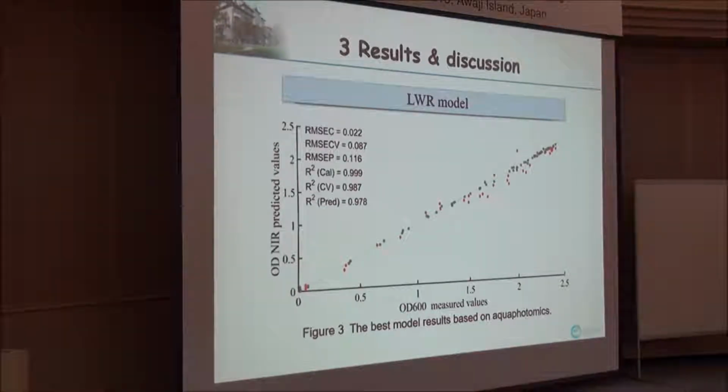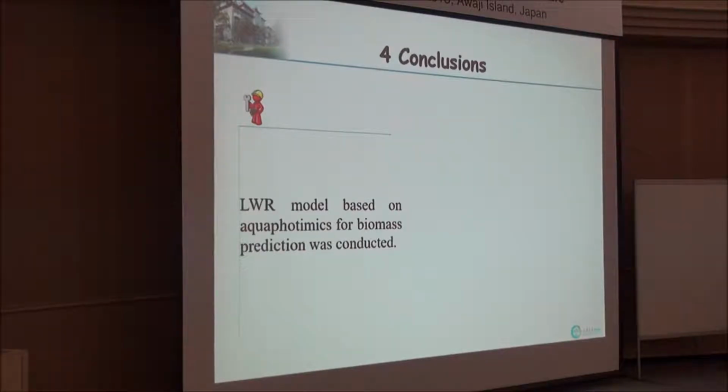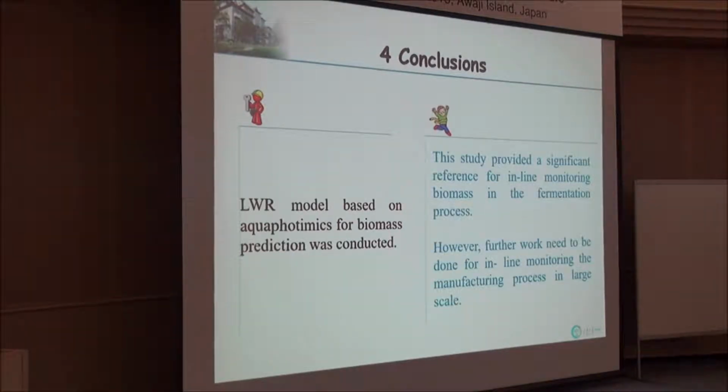It's very good. In conclusion, LWR model was built on Aquaphotomics for biomass prediction. However, further work will need to be done for inline monitoring of the manufacturing process on a large scale. Okay, that's all. Thank you.